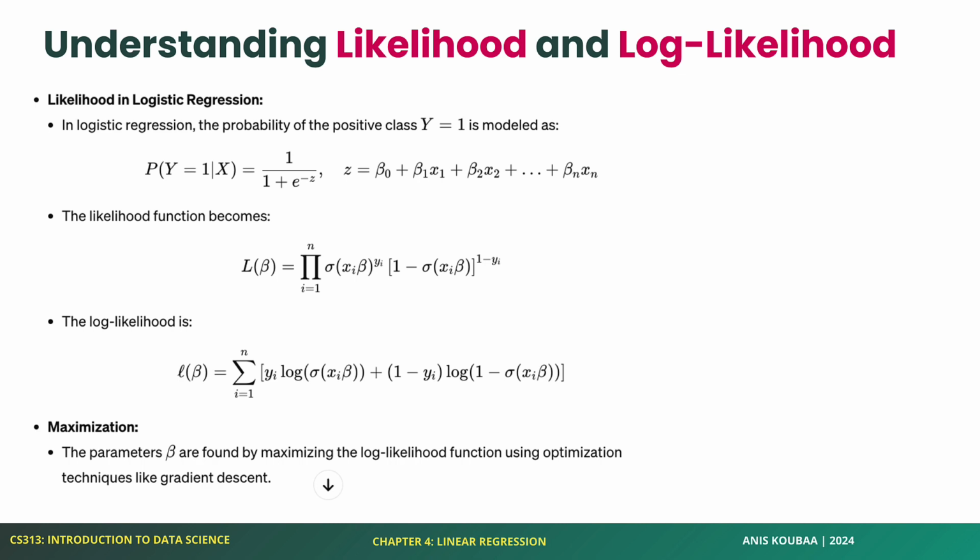So the cross entropy log loss is just the minus of the log likelihood. And the objective here is to maximize the log likelihood, which means minimizing the cross entropy loss function. So the greater the log likelihood is, the lower the cross entropy. Exactly, yes.